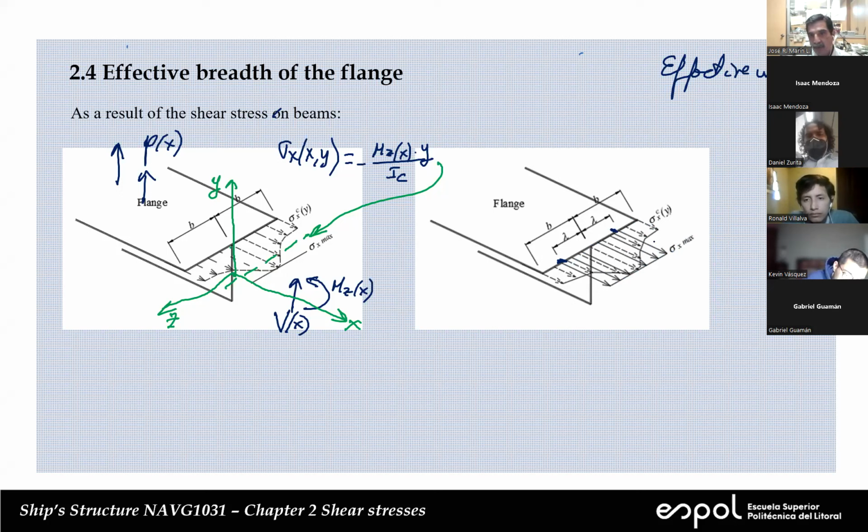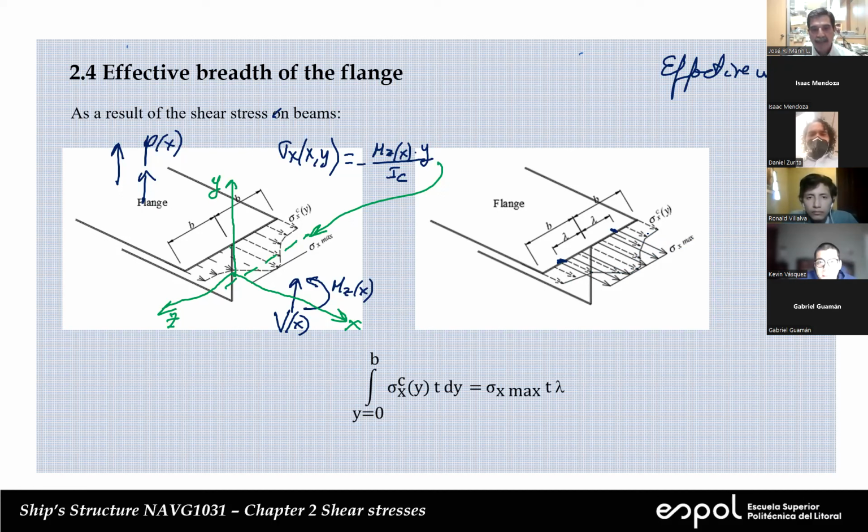Of course, in this region we're applying more stress than the real one. We have to reduce this a little bit, so that if we integrate this stress on the flange, we will have the same contribution as the original stress distribution, which is this one, right? So we still recover the value of the bending moment, and we are still in equilibrium, okay?